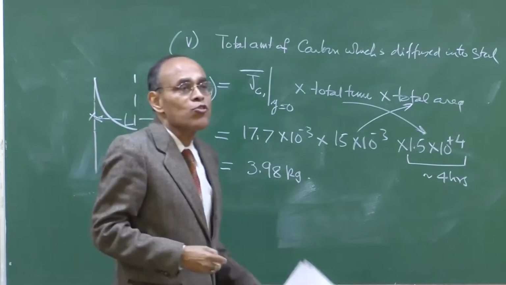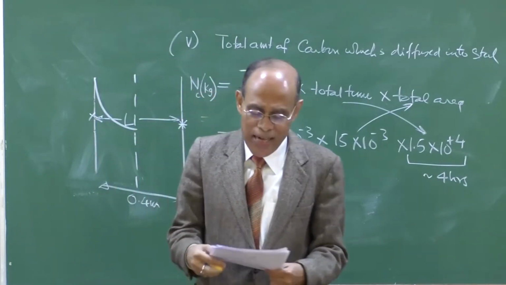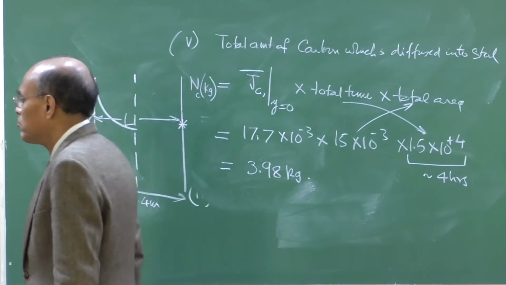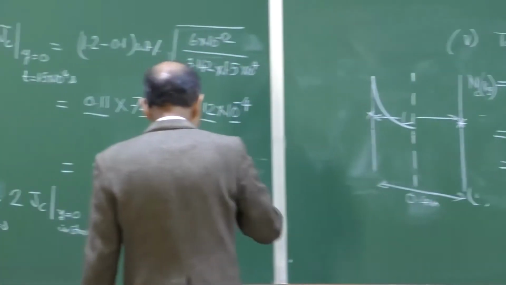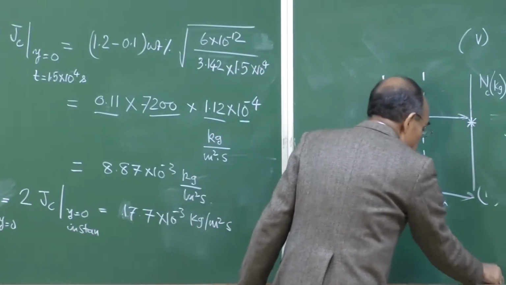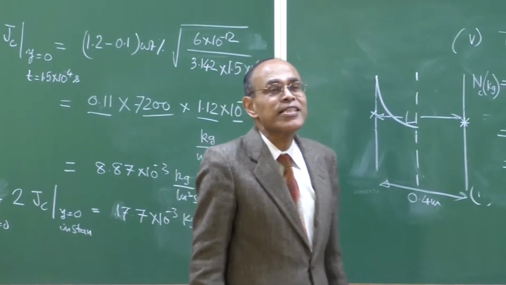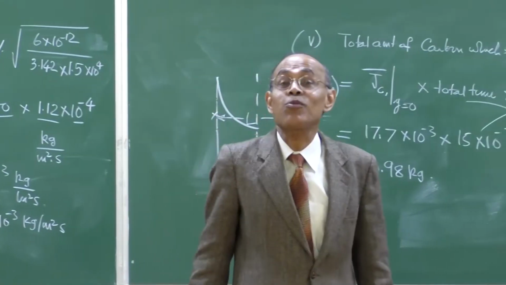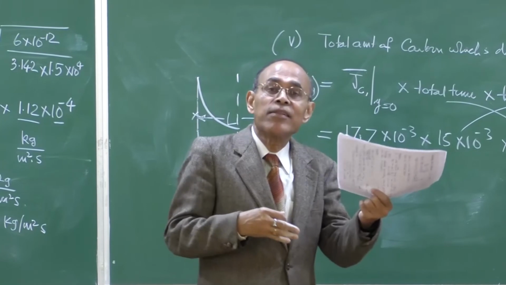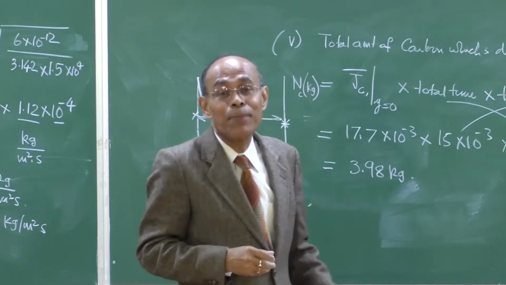Another problem that you find, very common in the context of semi-infinite geometry, is the change in penetration distance with respect to temperature. So, the material is same, time is same, but the diffusion is taking place at 2 different temperatures.